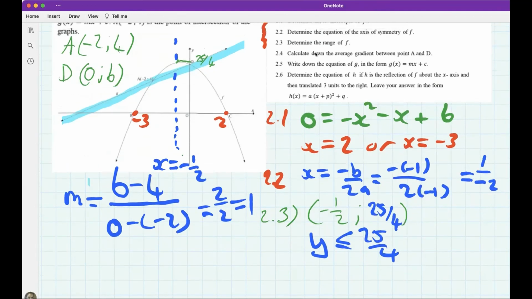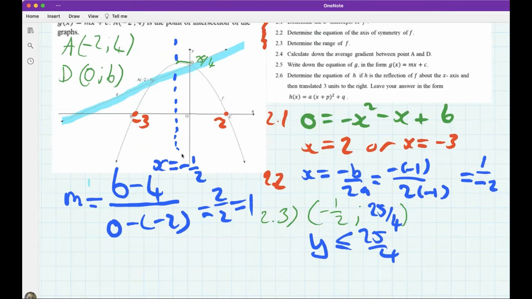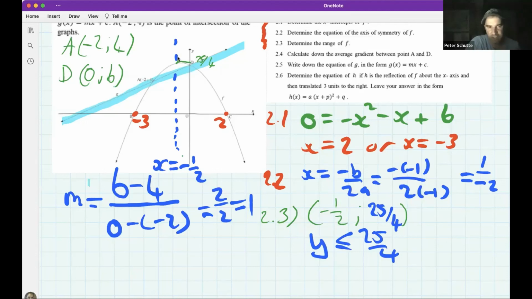Okay. So the turning point, once I knew what the axis of symmetry was, the axis of symmetry told me the x value of the turning point. So if you look at this line, I knew that the x value was 25 over 4 here. Sorry, not 25, it was negative a half. Are you with me on that?